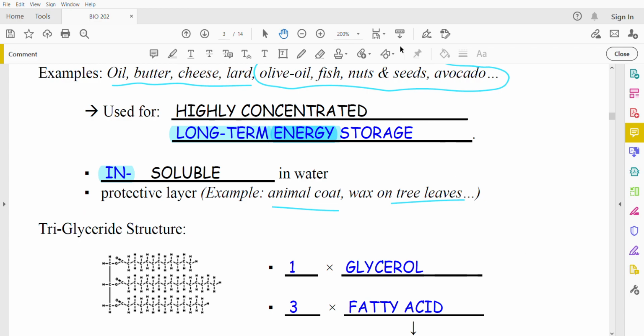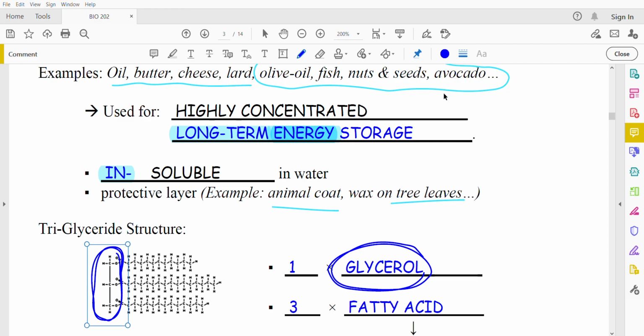And let's have a look at the structure of a single lipid. A lipid is made of triglycerides. A triglyceride is made of one glycerol, which is the one here in the chemical formula. So there was one of those. In addition to that, we had three fatty acid chains.